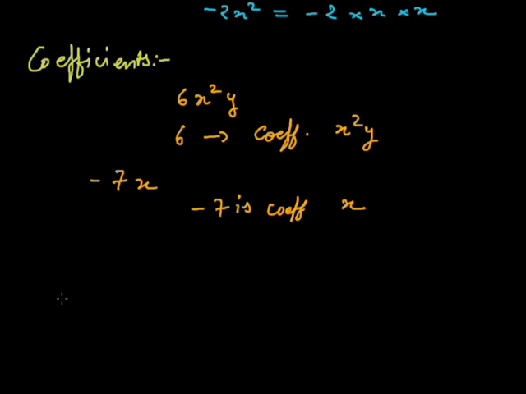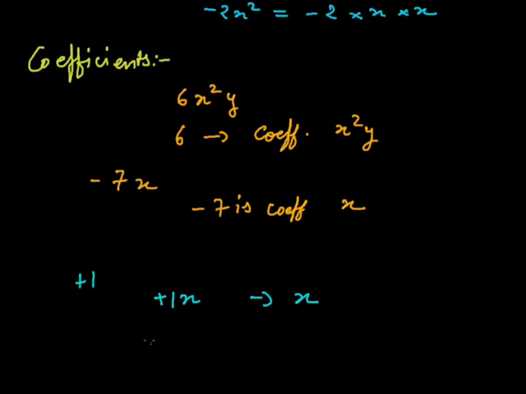We should remember that when the coefficient of a term is plus 1 or minus 1, we usually omit it. For example, if I have to write plus 1x, I am not going to write it like this, I will simply write it as x. It is understood that the coefficient of x is 1.